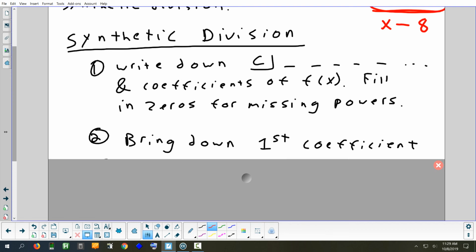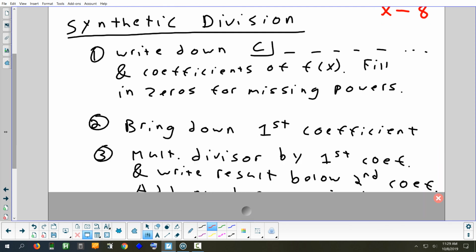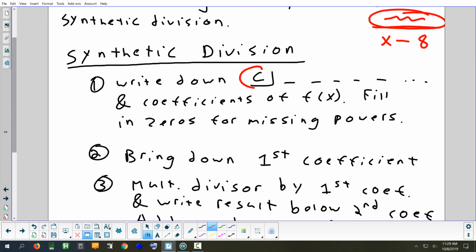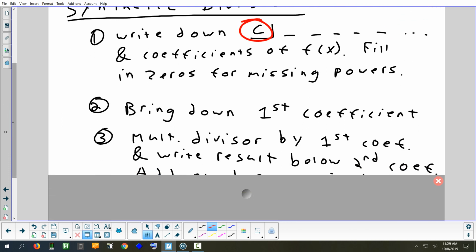Step 2. Okay, I'm just going to go through the steps. We'll explain them more when we do a problem. You're going to bring down your first coefficient. So you're basically just going to copy it down. Step 3. You're going to multiply the divisor, that's the number on the outside, by the number you just brought down.